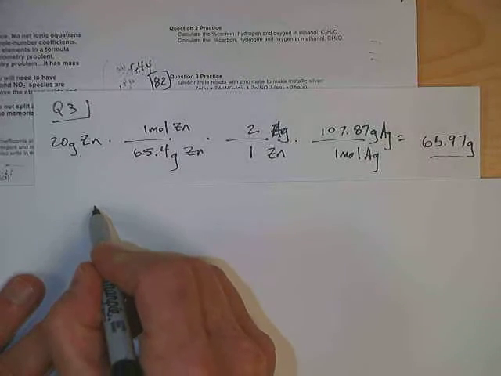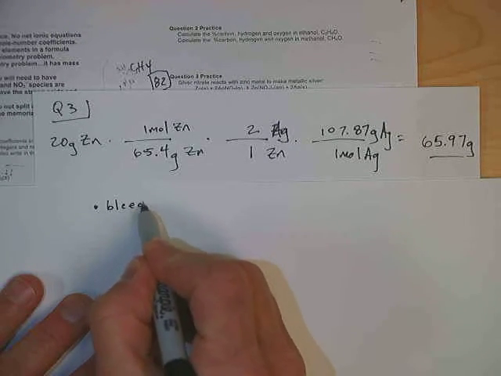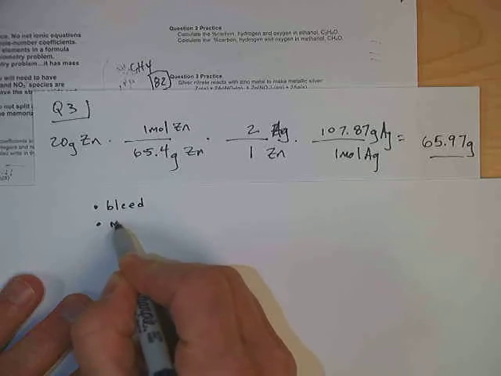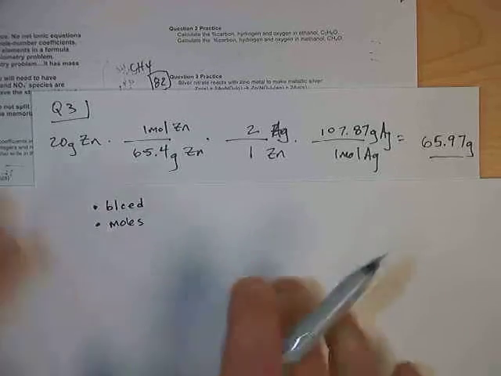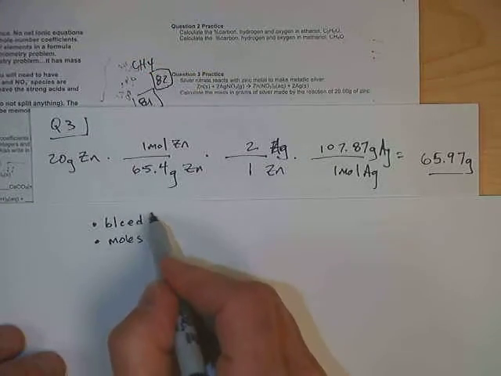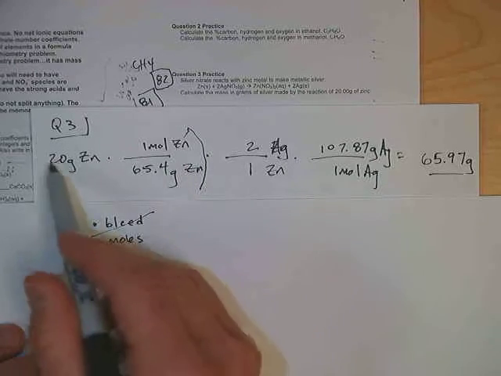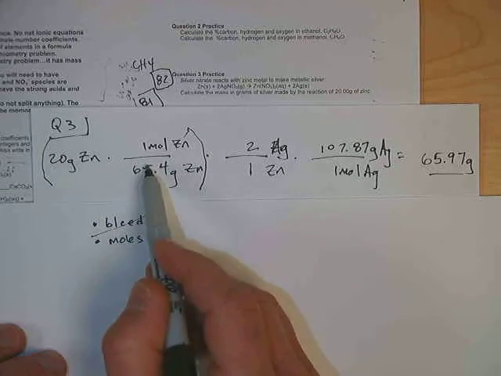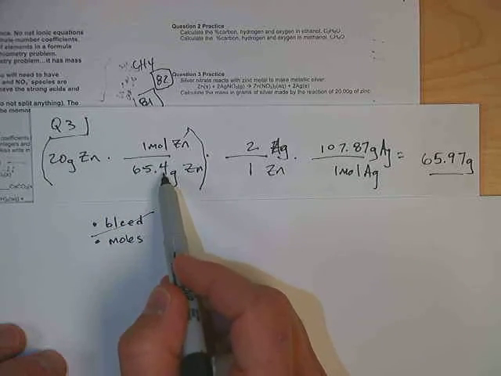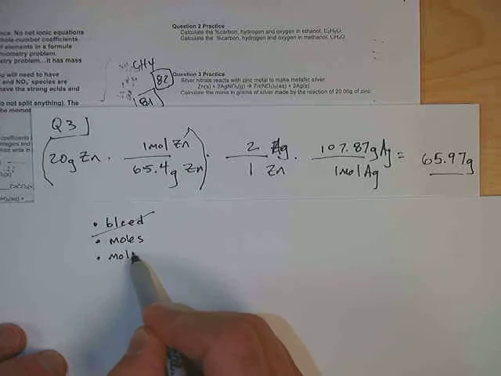and notice the steps that it takes are always the similar stoichiometry steps. Step number 1, write the balanced chemical equation. Step number 2, convert to moles. It's nice because the balanced chemical equations are given to us in all these equations, so we never have to do that step. Convert to moles, that's this portion right here. I got the 65.4 from the periodic table.